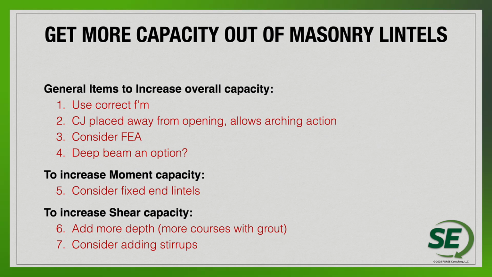That adds more depth. If you do have limited depth lintels, certainly you could add stirrups to that design, but what we try to encourage designers to do is look for designs without stirrups. Stirrups are additional elements that we have to add and complicate some of the construction. So if we can do our designs without stirrups, that can be very nice.